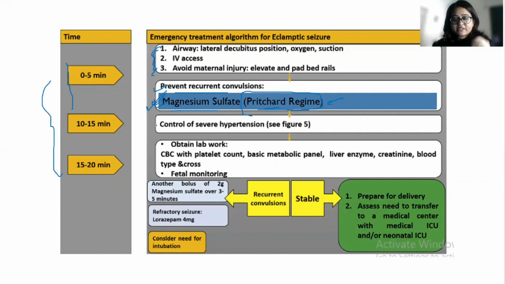Next, once the seizures have been managed, hypertension.